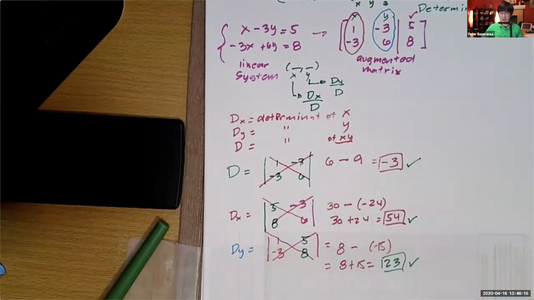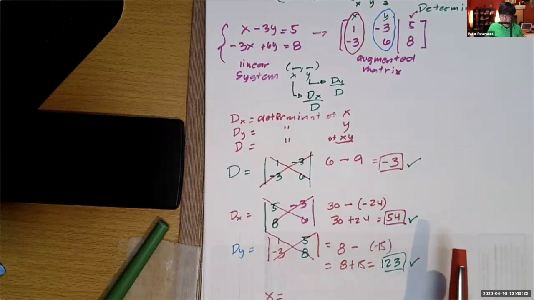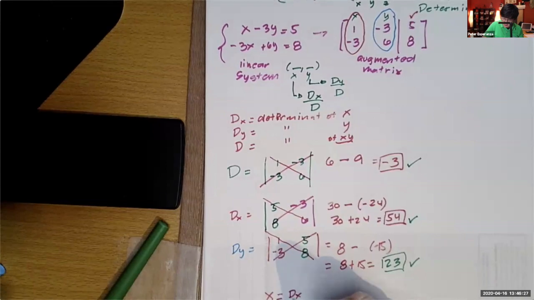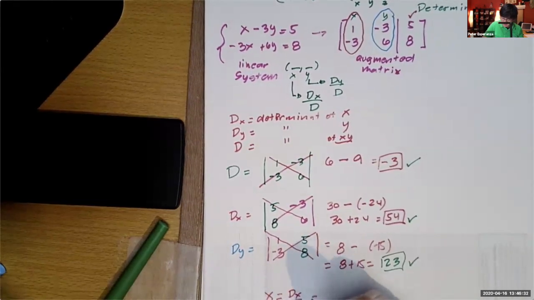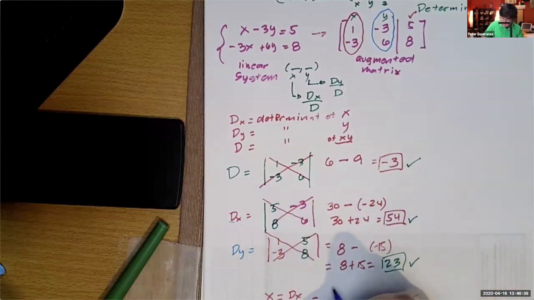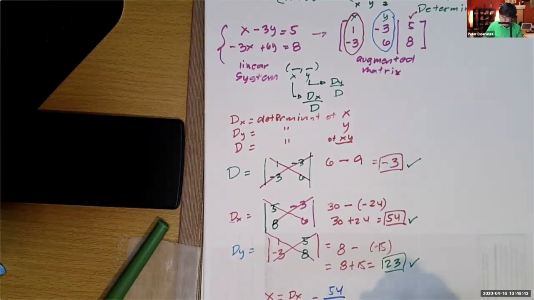And how do we find the values of x and y? The formula says x is dx all over d, and y is dy all over d. So just plug it in. Dx is 54 over negative 3, and dy is 23 all over negative 3.